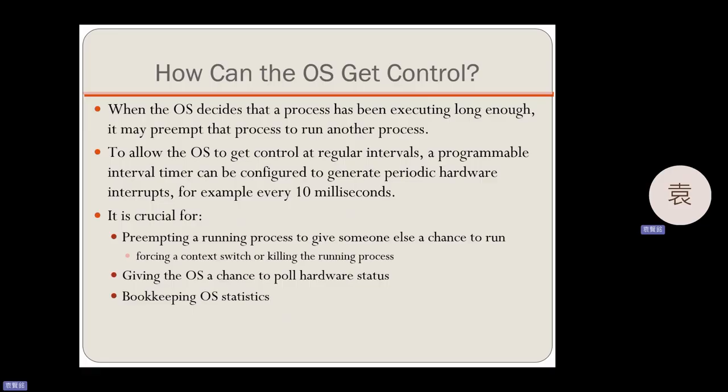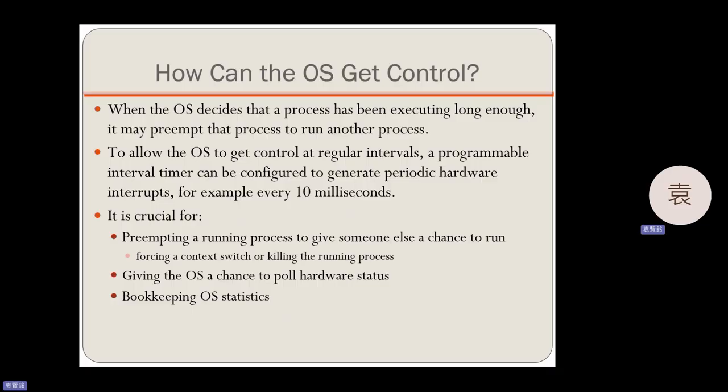By using this preemption mechanism, the operating system can preempt the running process to give other processes the opportunity to use the CPU. This kind of mechanism forces a context switch or kills the running process. Killing the running process usually means that something abnormal happens.